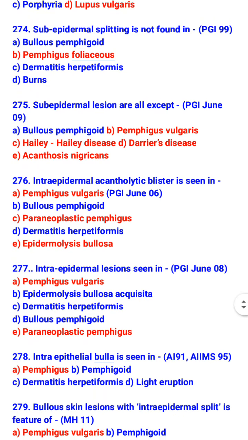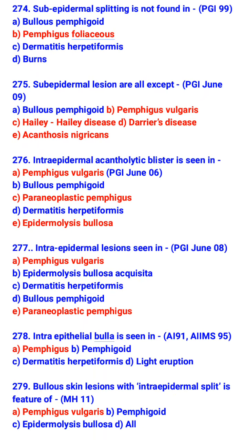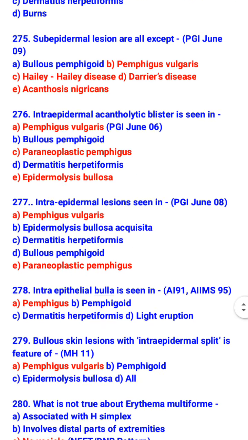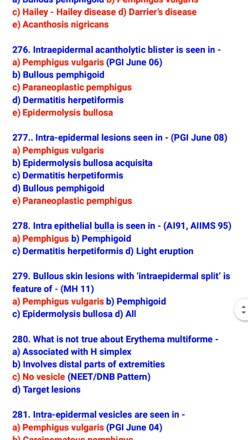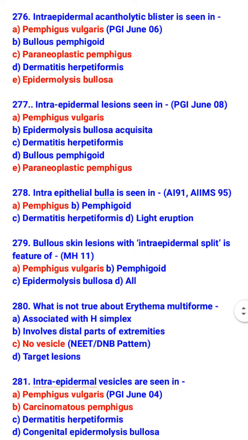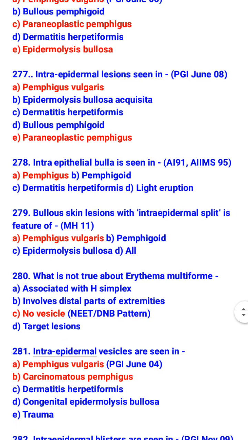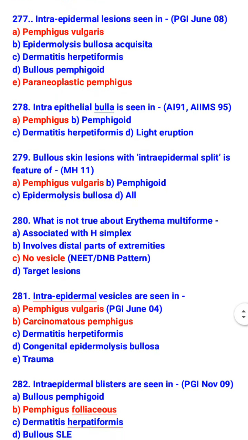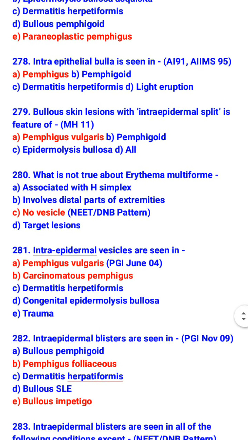Intraepidermal acantholytic blister is seen in pemphigus vulgaris, paraneoplastic pemphigus and epidermolysis bullosa. Intraepidermal lesion is seen in pemphigus vulgaris and paraneoplastic pemphigus. Then intraepithelial bulla is seen in pemphigus. A bullous skin lesion with intraepidermal split is a feature of pemphigus vulgaris.